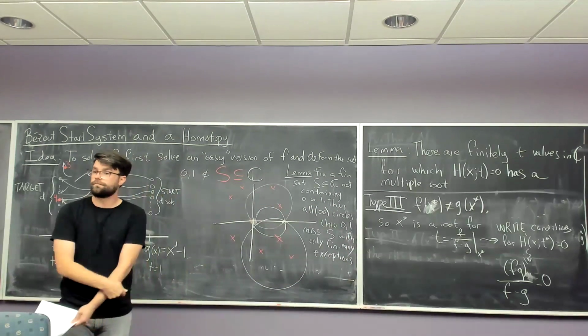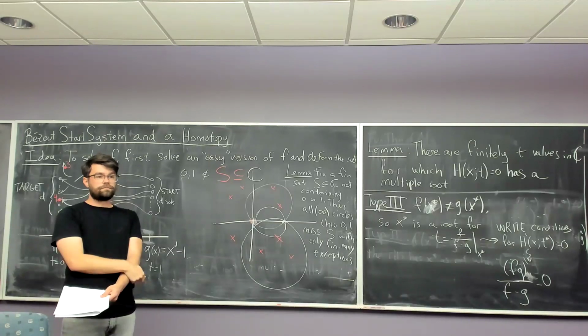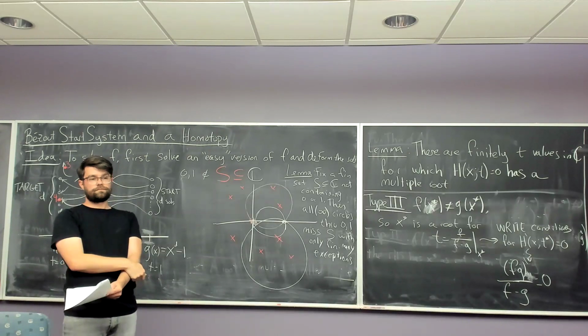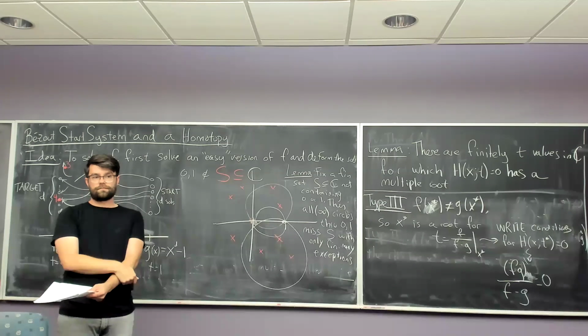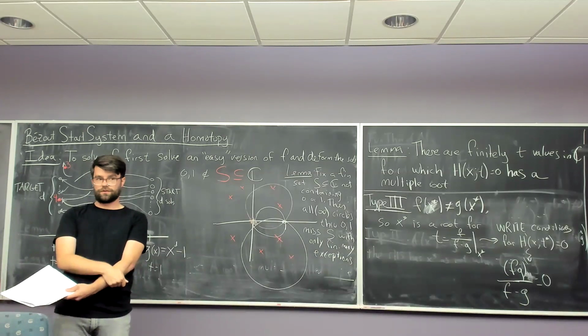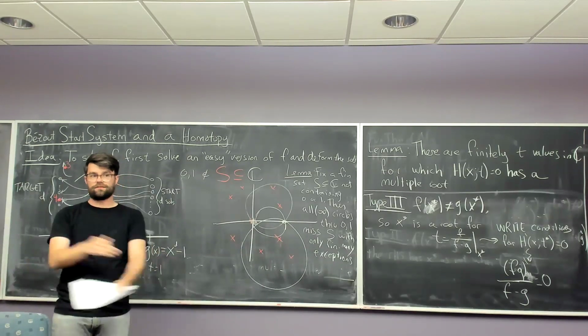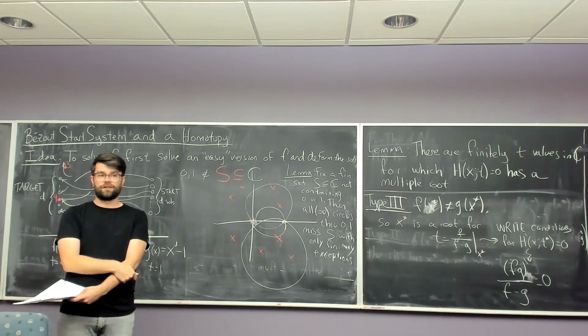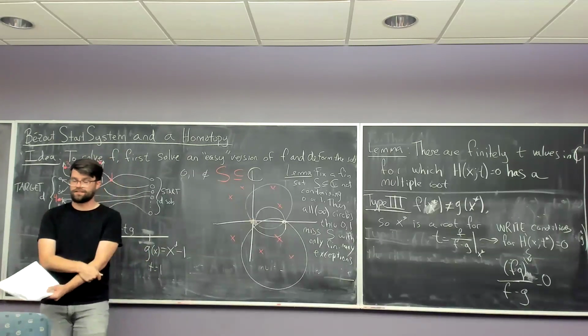Okay. So the set of all circles going through 0 and 1, that's an infinite set. If you look at the subset that go through something in S, that's a finite set.